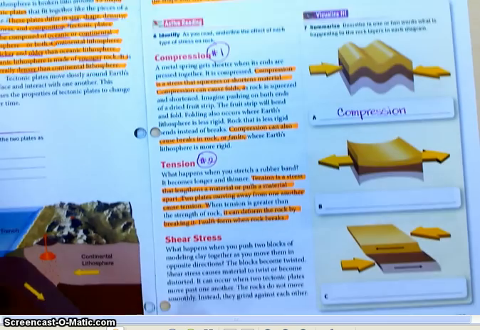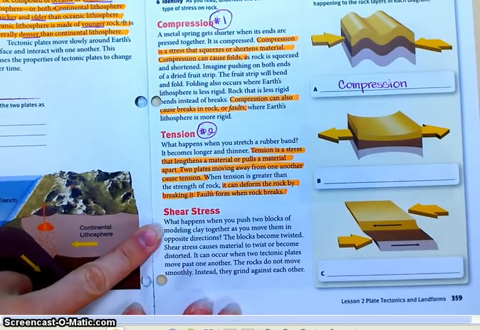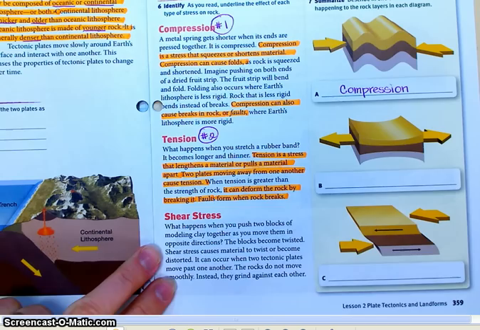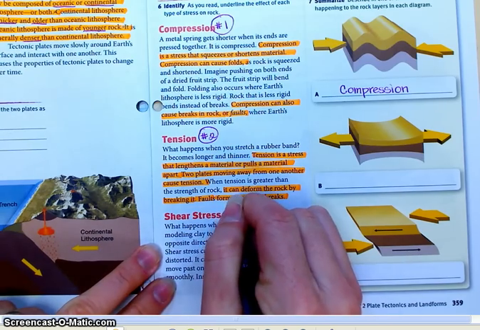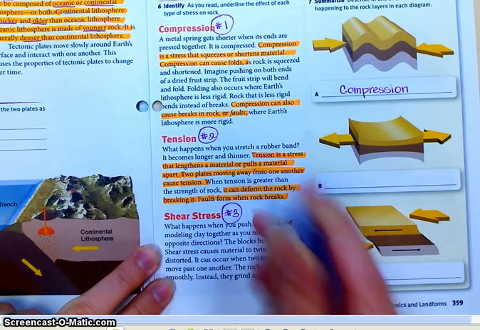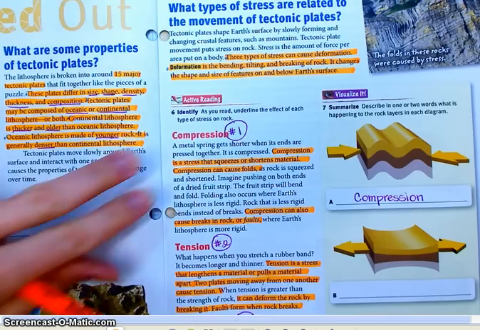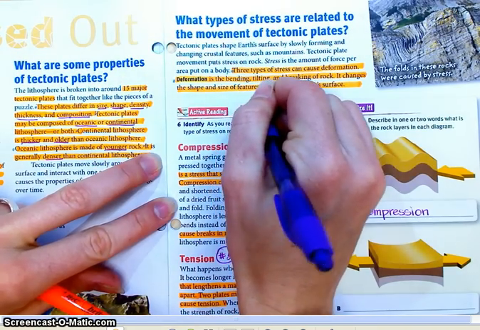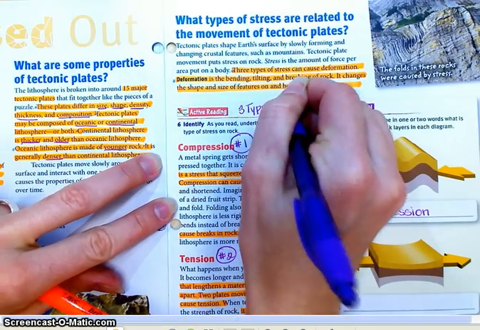Okay. And then we have shear stress. This is type of stress number 3. Okay, and I'm actually going to go back up here and put three types of stress.